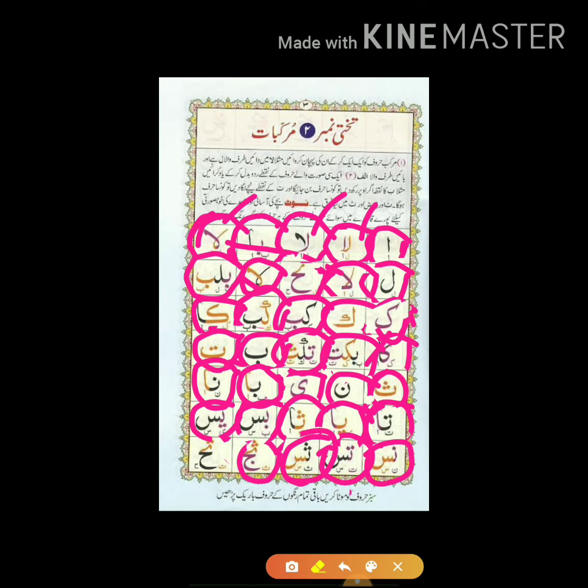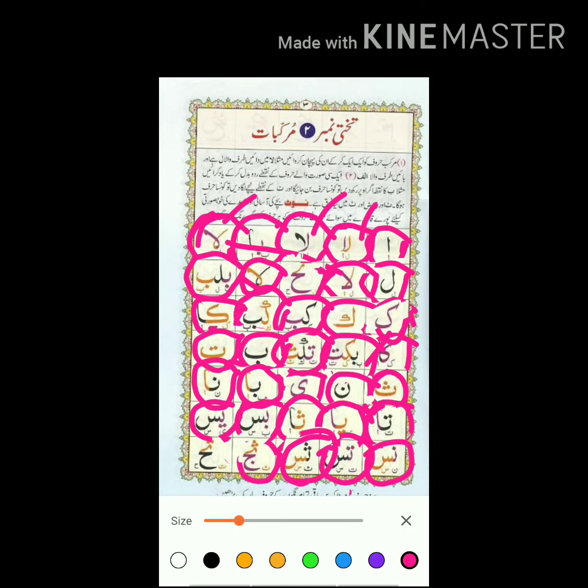Sa, sin. Here again we have sa, jim, sa, jim. Now, as I told you a bit earlier, in the second line, in the third box, I told you about the shape you are seeing here in orange color.